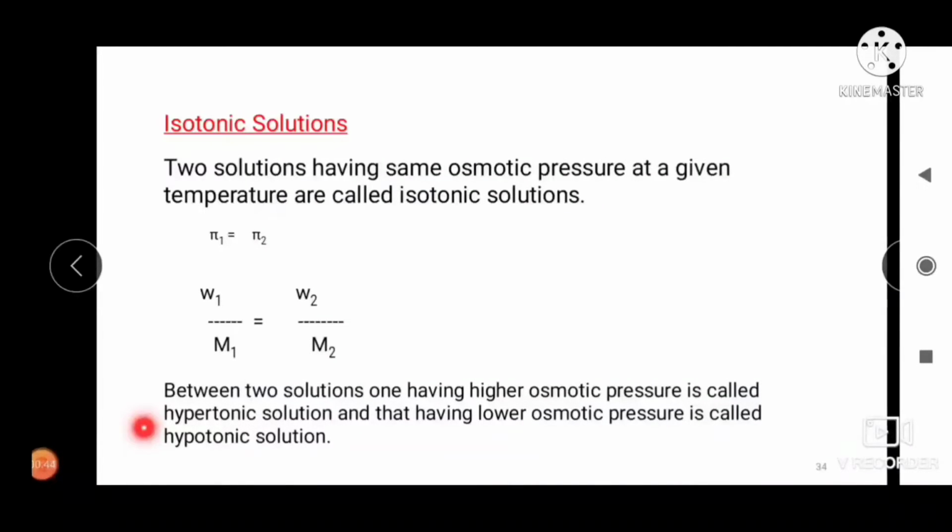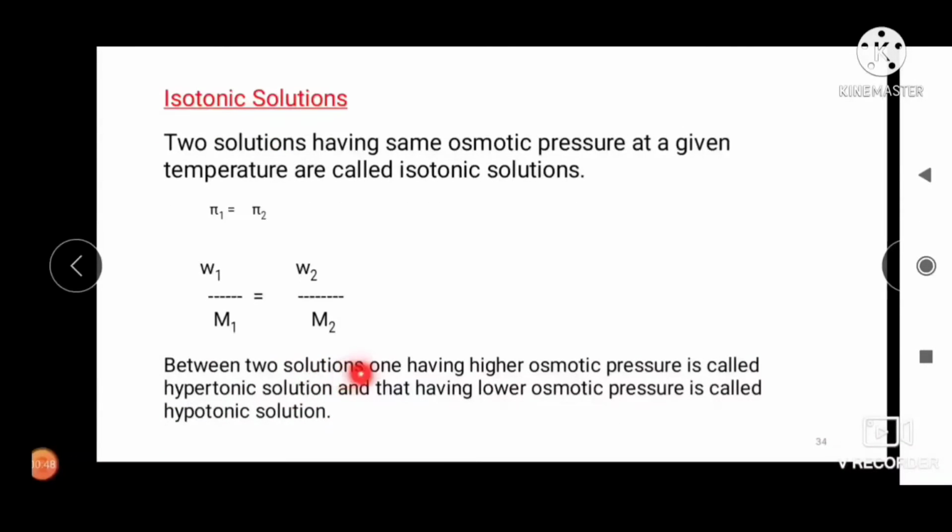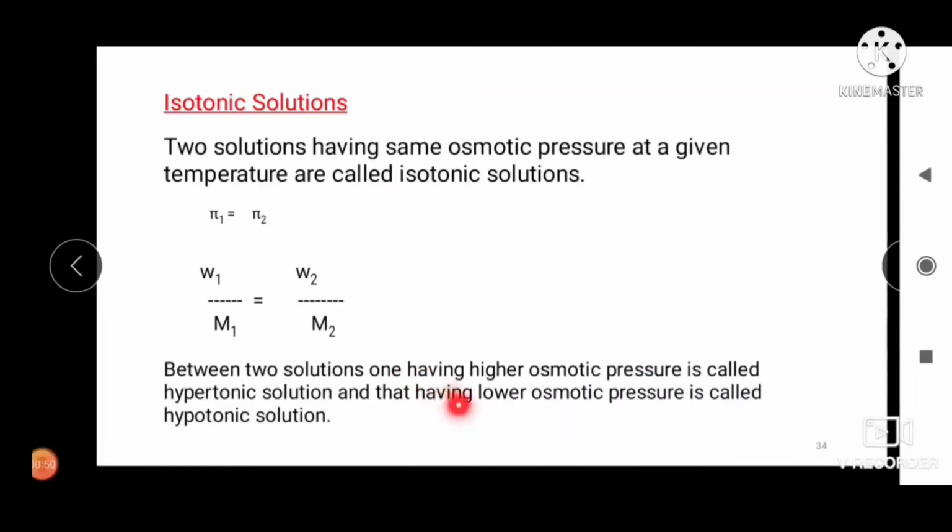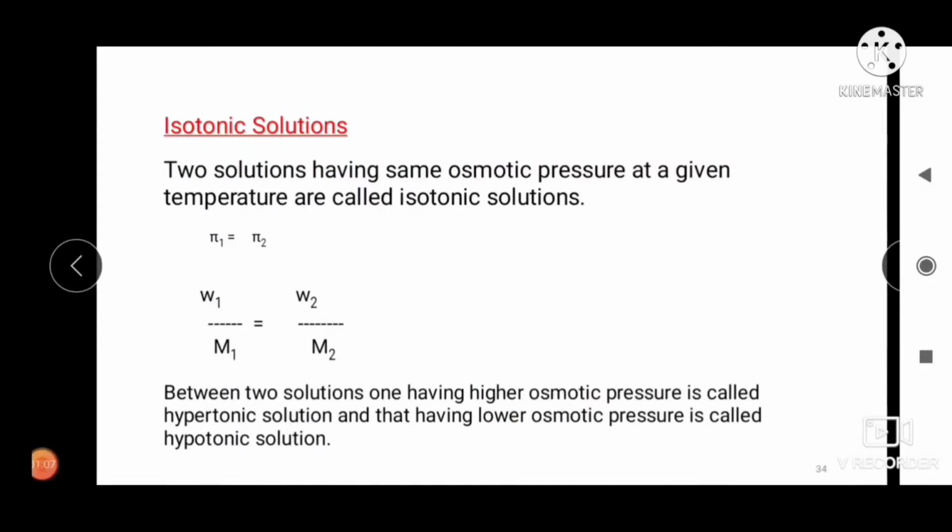What is a hypertonic solution? Between two solutions, the one having higher osmotic pressure is called a hypertonic solution, in which the two solutions have different molar concentrations of the solute and different osmotic pressures also.